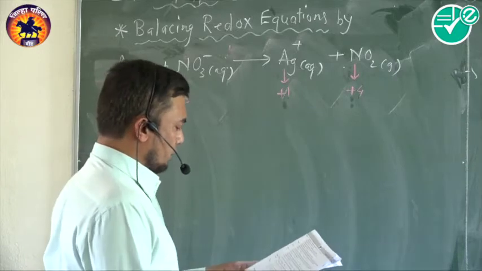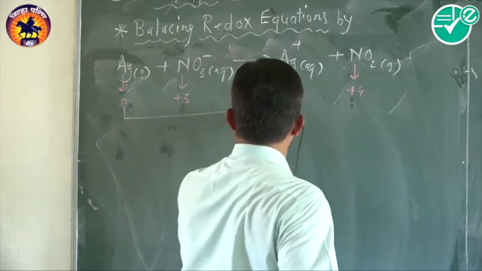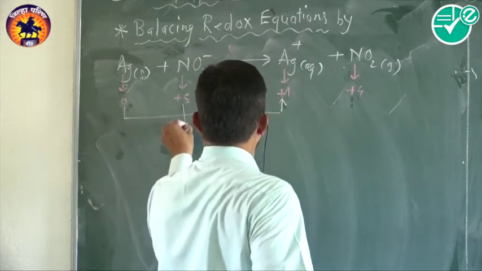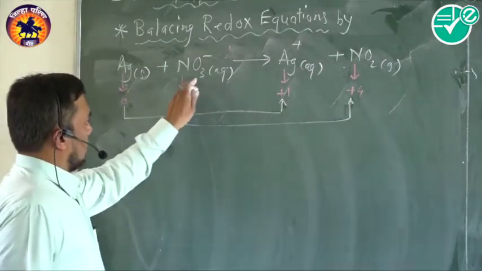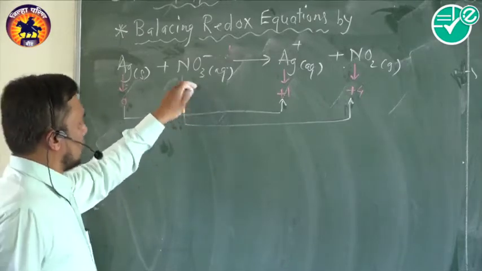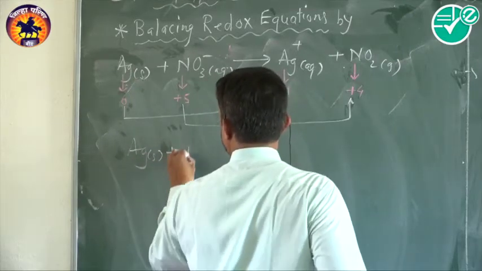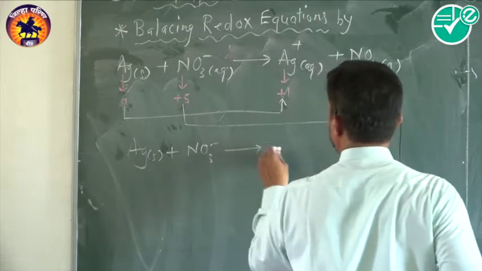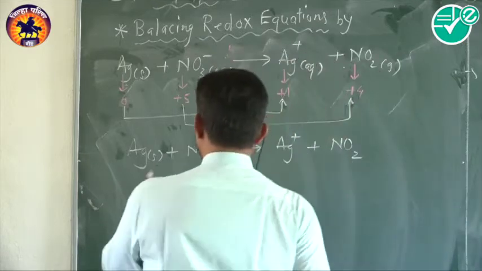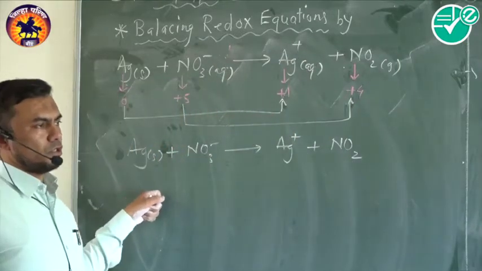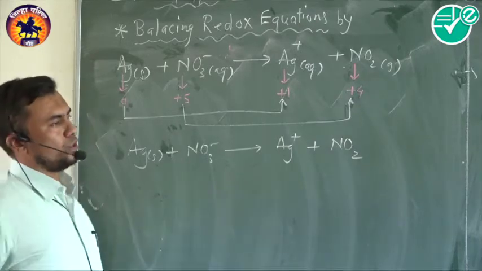So therefore, we have to look at the oxidized species and reduced species. Then we have to balance the oxygen. So again we write the same equation as silver, nitrate ion, silver ion and nitrogen dioxide. In this case, the oxidation number increase is equal to the oxidation number decrease, so no need to balance the oxidation number.